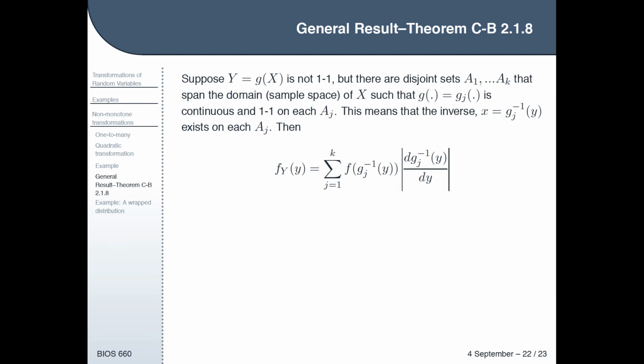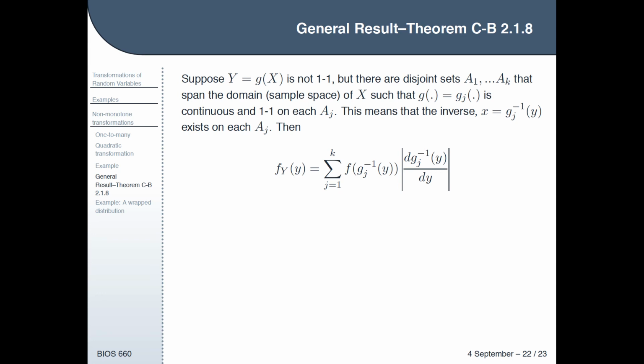In general, if you want to calculate the cumulative distribution function and density function for y equals g of x, that's not a one-to-one mapping, but for which you can split your sample space up into a bunch of disjoint sets that span the domain and such that it's continuous and one-to-one within each of these disjoint sets, then the inverse will exist within each of these disjoint sets, and you can find the density function just by doing this entire process that we've just talked about on each of these disjoint sets separately and then adding them all together.